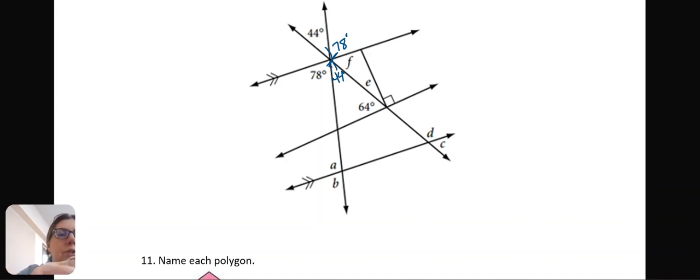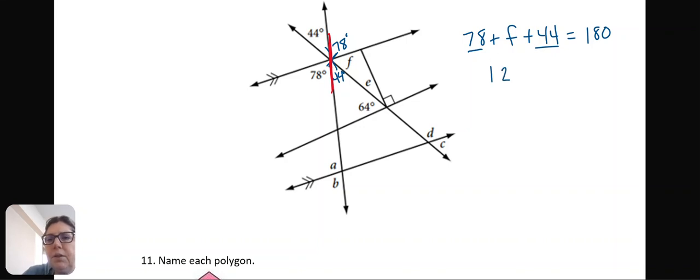And really we have a straight line there. So I've created this straight line, which means that 78 plus F plus 44 equals 180. So when I add 78 and 44, that's 122.